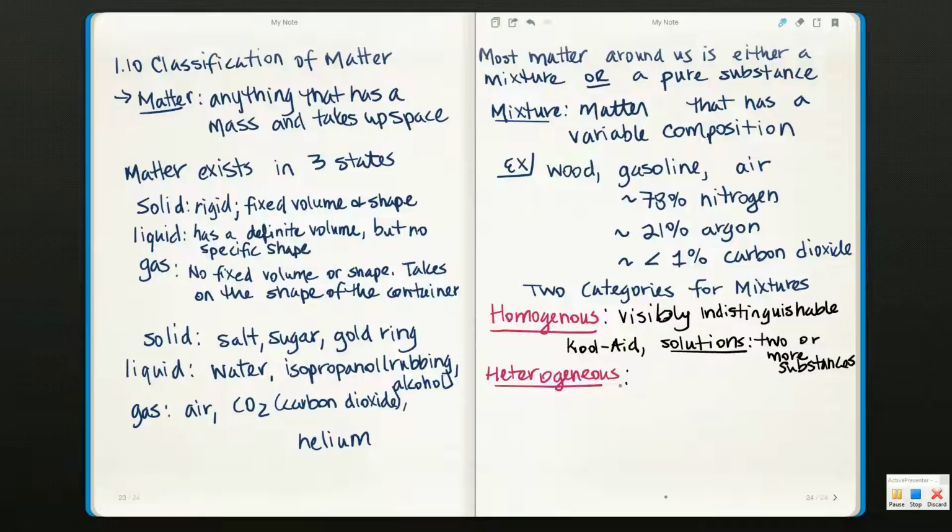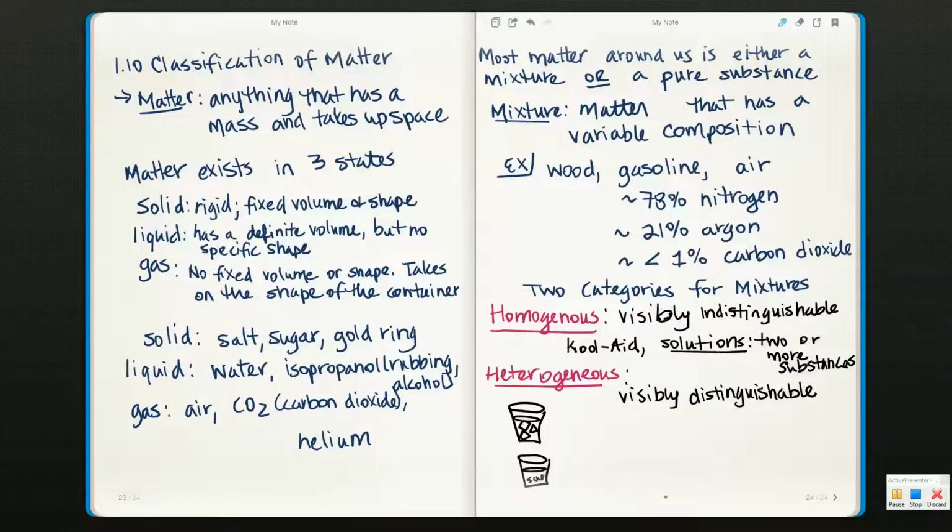A heterogeneous mixture is visibly distinguishable. So you can see the different components. So that would be something like a glass of water with ice cubes, or a glass of water with sand.